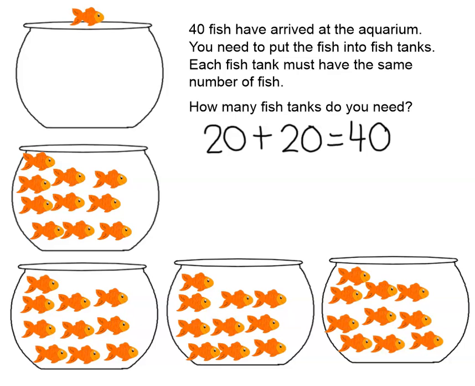Let's see. Let's count each bowl. 1, 2, 3, 4, 5, 6, 7, 8, 9, 10. So I'm going to go ahead and label this one 10 fish in this bowl. Let's count the next one. 1, 2, 3, 4, 5, 6, 7, 8, 9, 10. 10 fish in this tank.